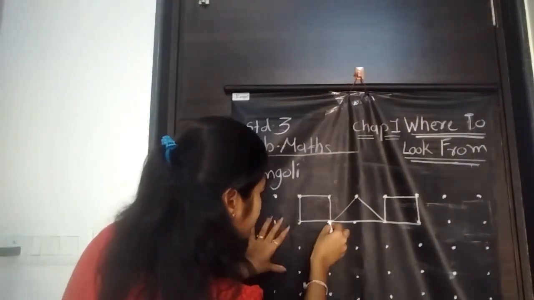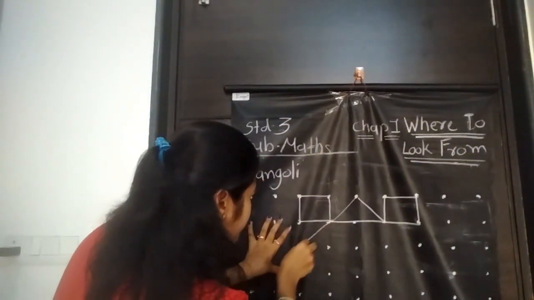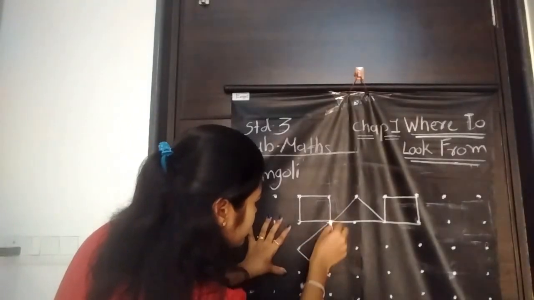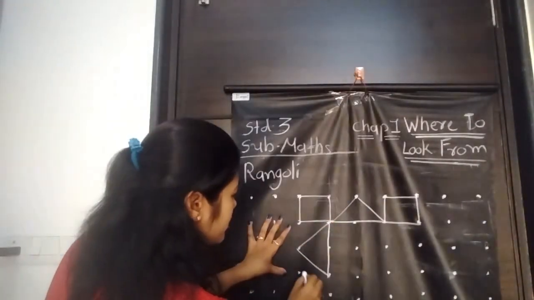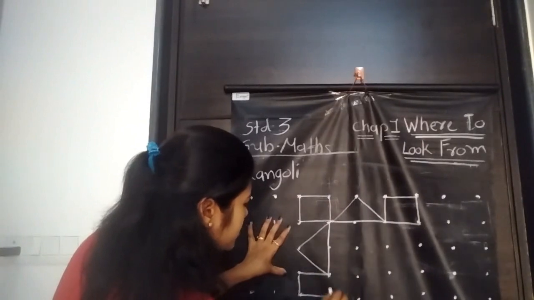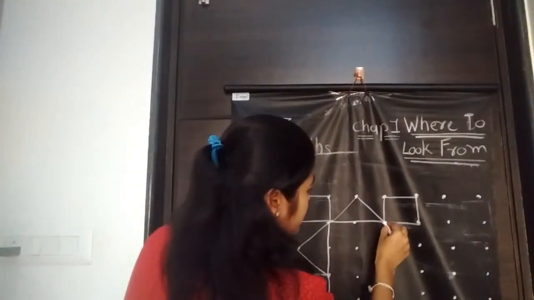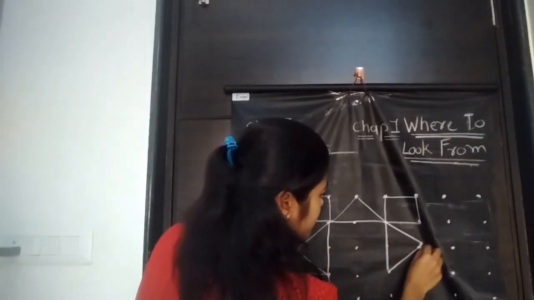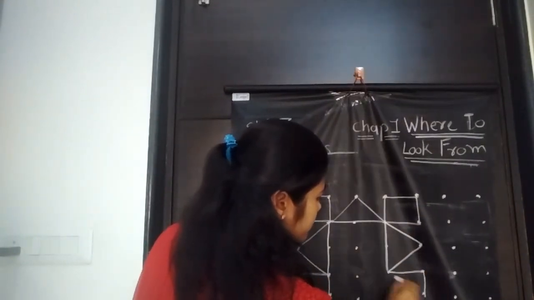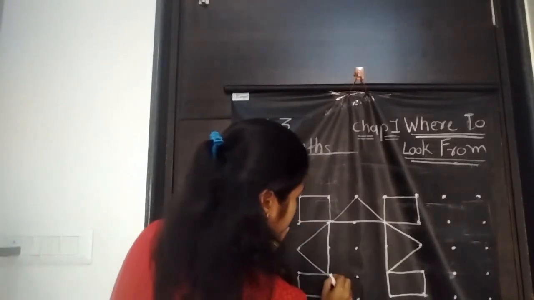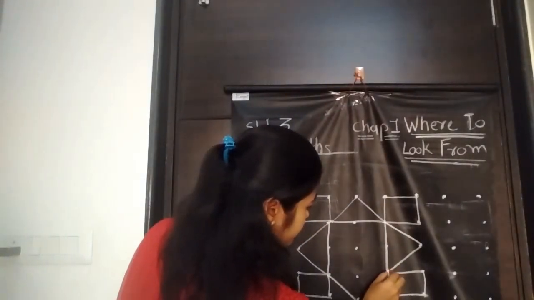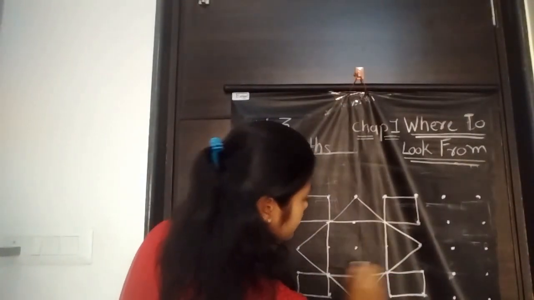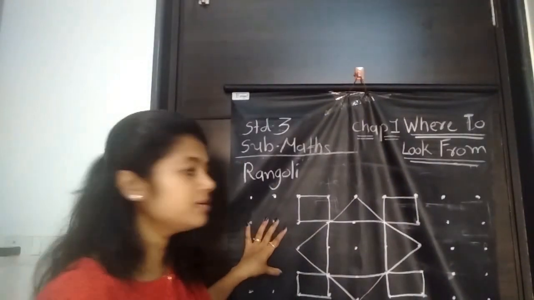Now I will repeat the same thing from this side. I will draw a triangle using the 4 dots. Again a square. Again I will repeat here. I made a triangle, then a square. Again I will repeat here on all the 4 sides. I made triangle and square. Can you see the pattern?